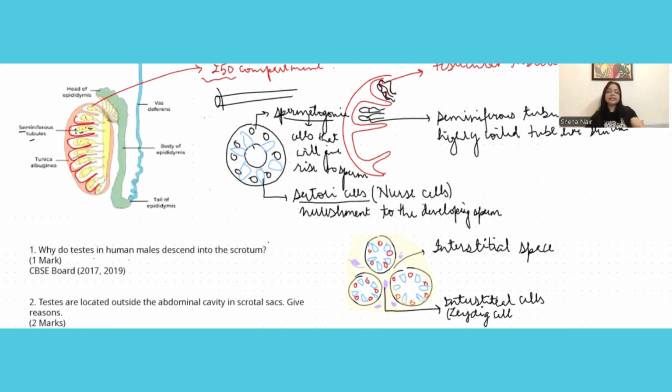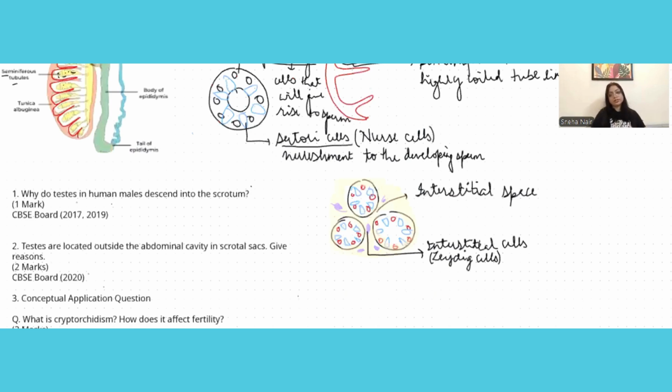So the Leydig cells help in formation of male androgens, that is testosterone. The main androgen here is testosterone. You must be aware that the male reproductive hormone is called testosterone.